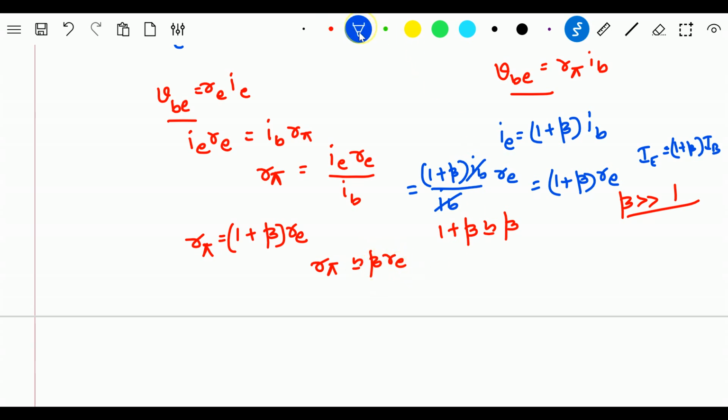Now, these two equations are the relationship between R pi and RE that you need to derive. So this gives the relationship between the input resistance at the base and the input resistance at the emitter.